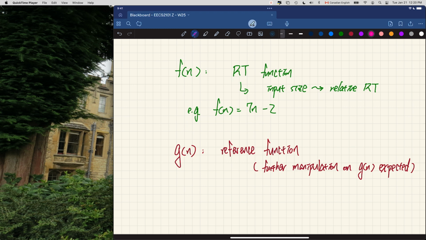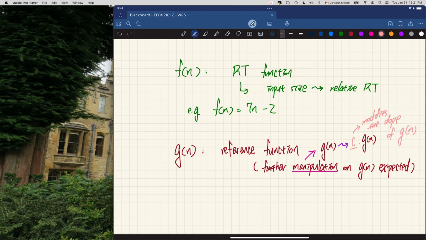So for example, given g of n, after some manipulation, I want to get c times g of n. And this one here is going to modify the slope of g of n. Okay, we'll see that, right?